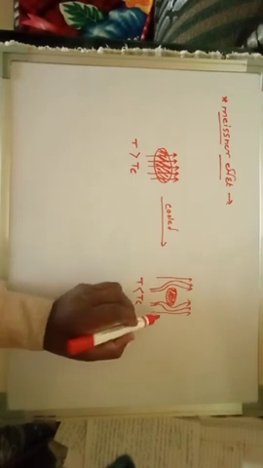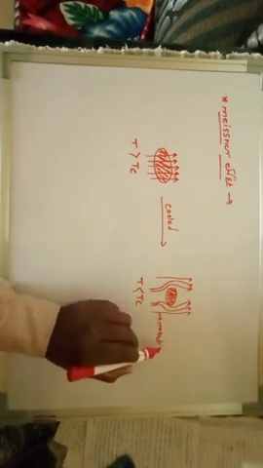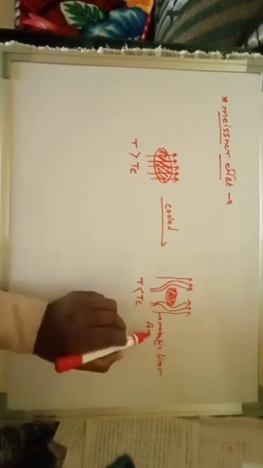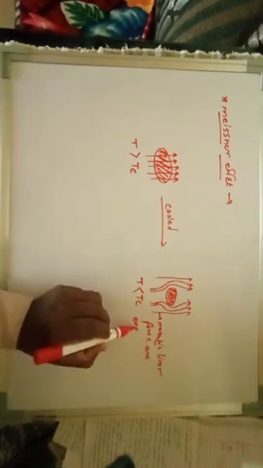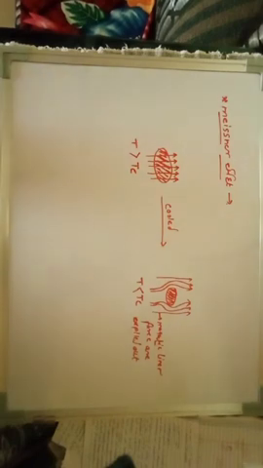The magnetic lines of force are expelled out, and this is known as the Meissner effect.